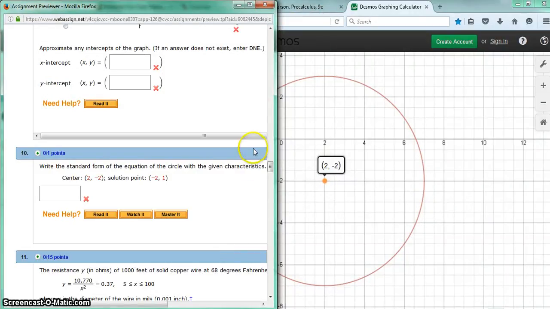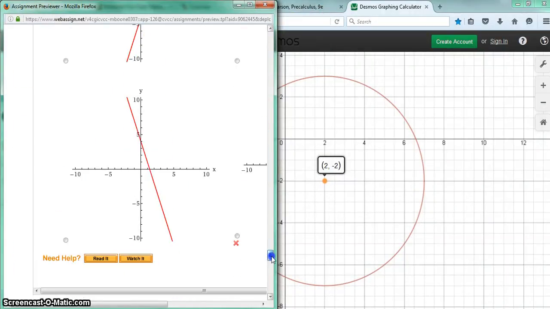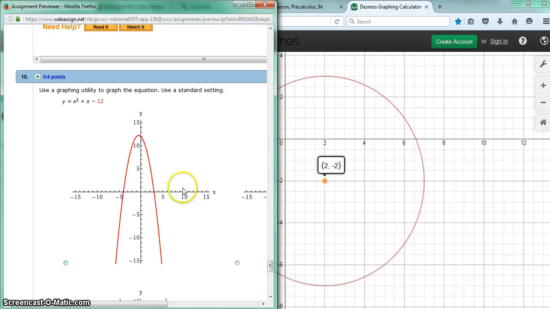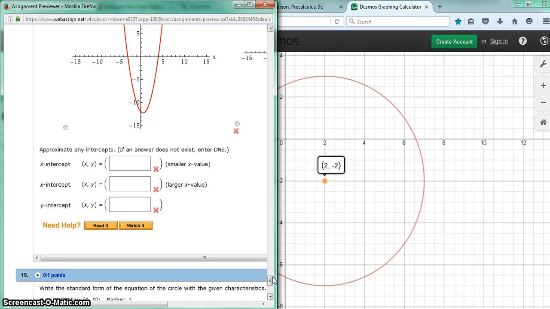Another one that I saw was number 18. Use a graphing utility to graph the equation, use a standard setting. Pretty easy to do this in Desmos. Just graph this, x squared plus x minus 12. And then it talks about finding your x-intercepts and approximate your x-intercepts, y-intercepts.